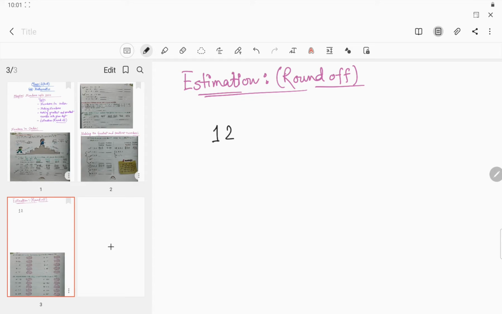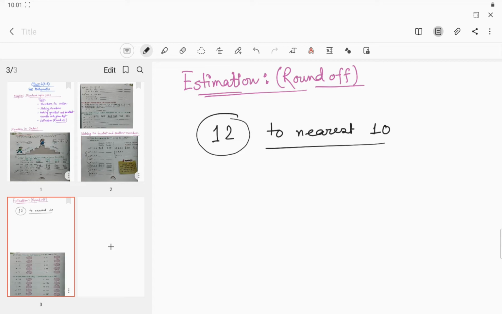12. I want to estimate or round off this number, 12, to the nearest 10.